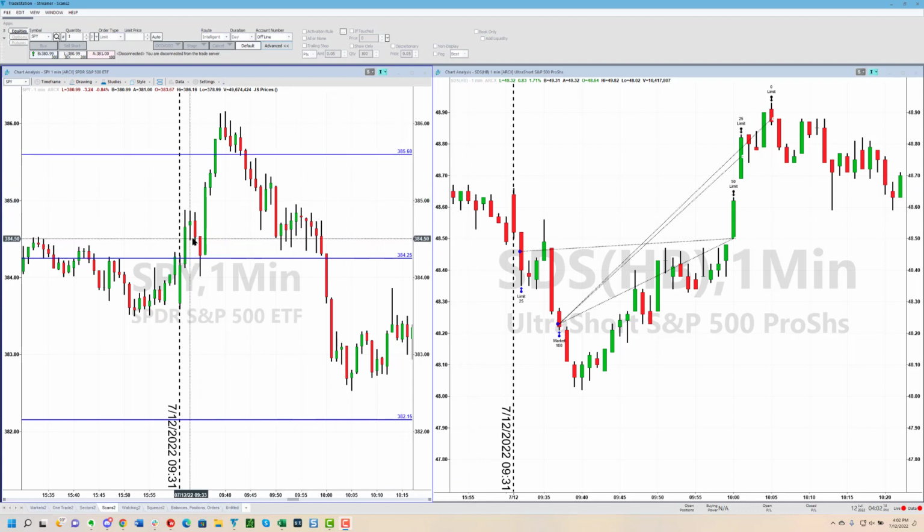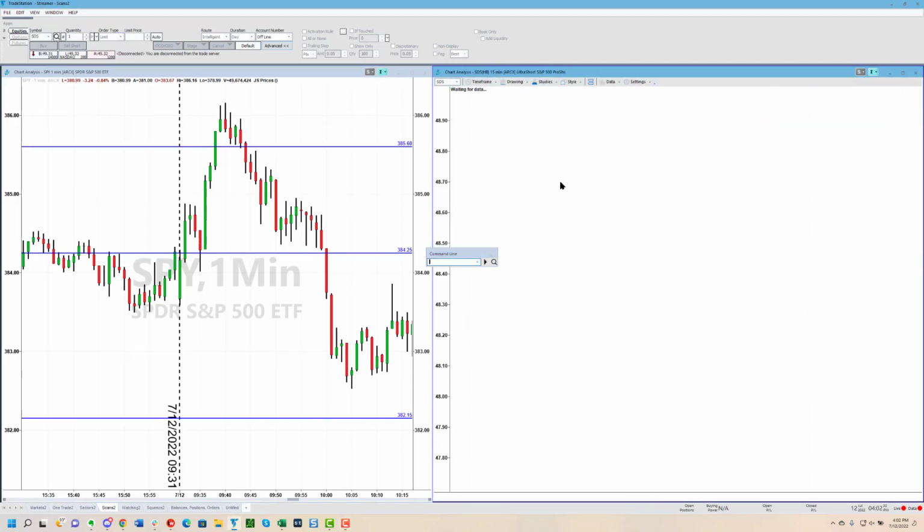As time went on, the S&P 500 moved a little bit higher, pulled back, and then started making its way higher towards 385.30 to 385.60. That was the point that I added to the position and then created a tight stop using the 15-minute chart. On the 15-minute chart, the way I did it was as follows.